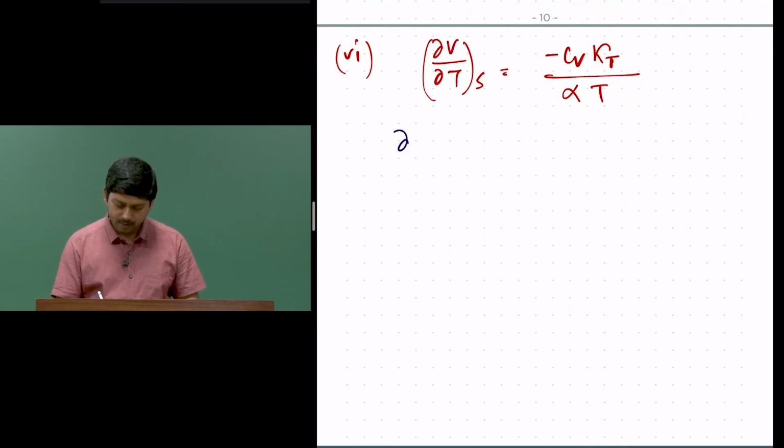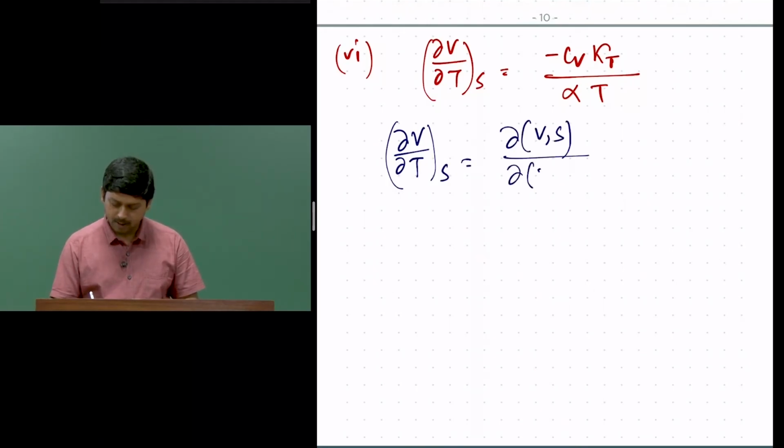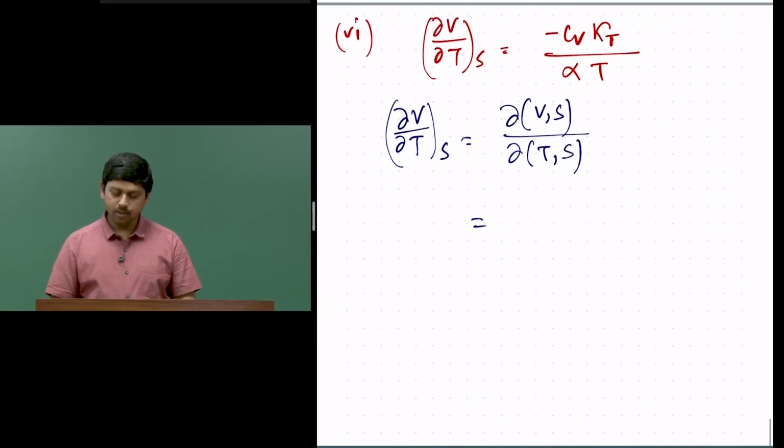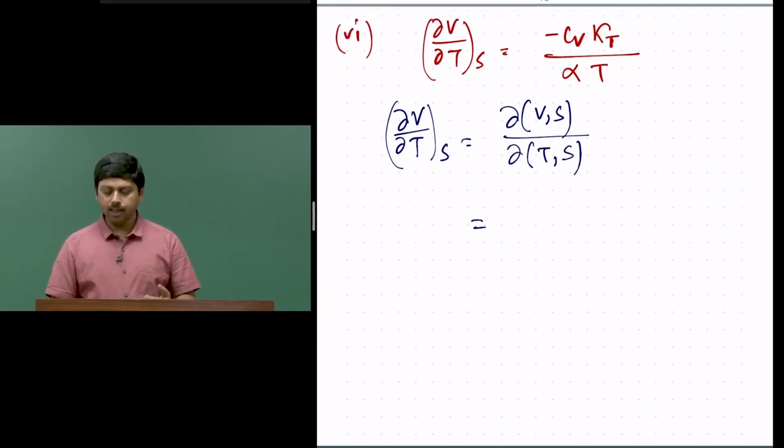So, we write del V del T at a constant S as del V S del T S. Okay. And of course, we can use a trick and do that, or we should do that anyway, because we need C V, and C V means del S by del T, we need that, and we need kappa T. So, we need a P T term. So, we will add a P T term.